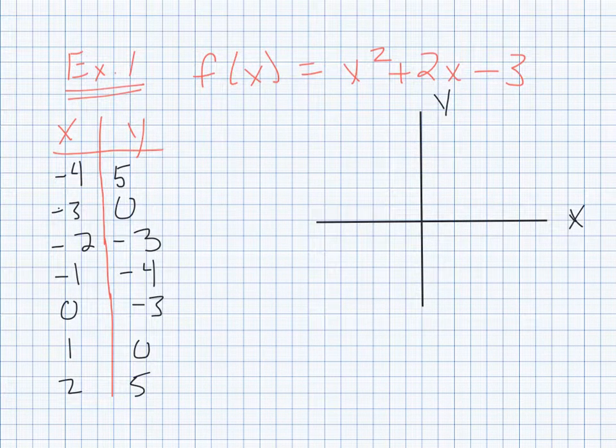Then we're just going to plot these different points. Negative 4, up 5, negative 3, up 0, negative 2, down 1, over 0, down 3, over 1, up 0, and over 2, up 5.